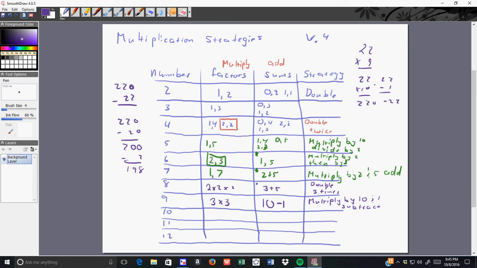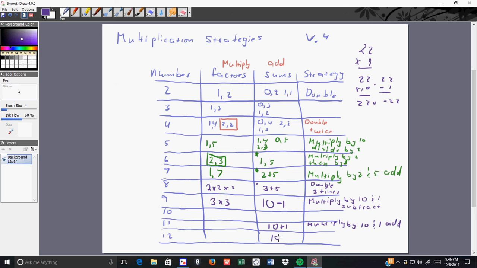All right, so I hope you're picking up strategies along the way. 10, there is no strategy for 10, just add the 0, but make sure you understand why. It's because you have 10 groups. 11 is 10 plus 1, so it's the same strategy as 9, except I'm going to multiply by 10 and 1, and then I add them.